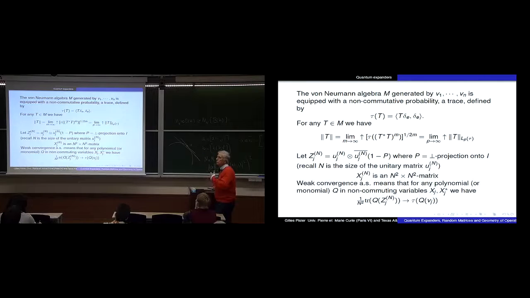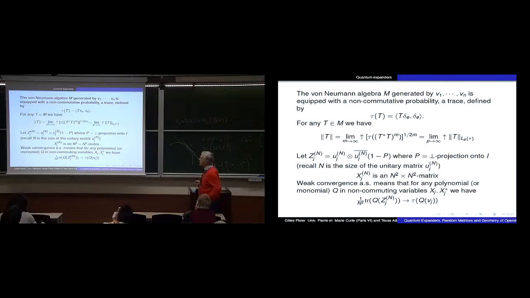When you look at convergence in distribution, you would say any continuous bounded function applied to the sequence of probabilities tends to the same thing with the limit probability. So here it's similar, just it turns out that we work just with polynomials, and in this setting, it can be extended to more general functions.